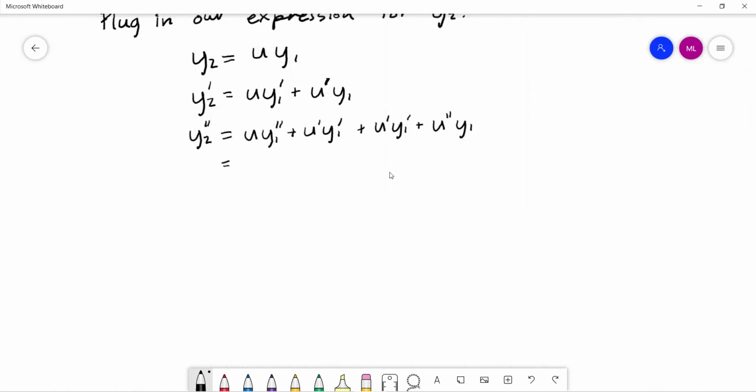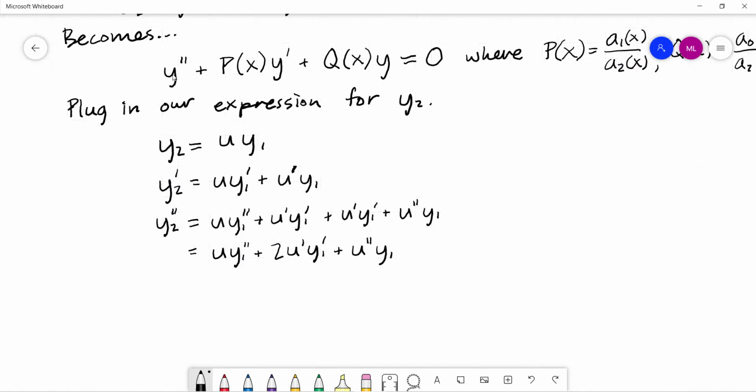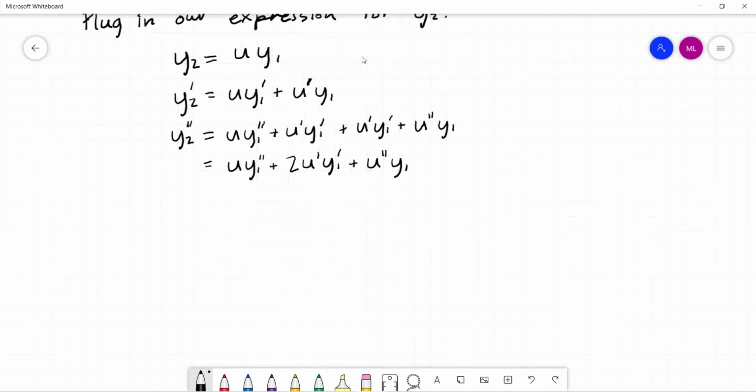So by combining those like terms, we can rewrite this as u times y1 double prime plus two of these u prime y1 prime terms plus u double prime y1. Okay, so here are the expressions for y2, y2 prime, and y2 double prime that we're going to be plugging into this equation.